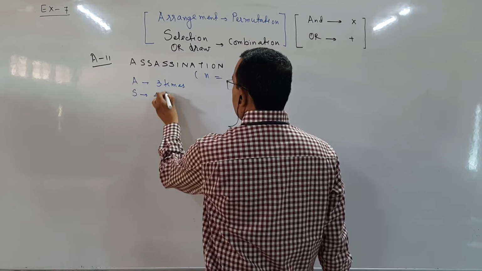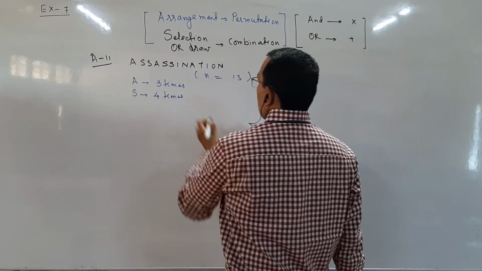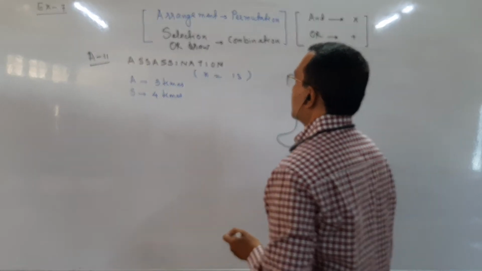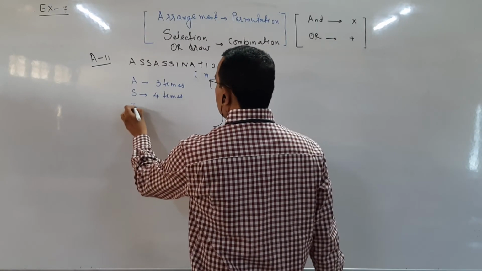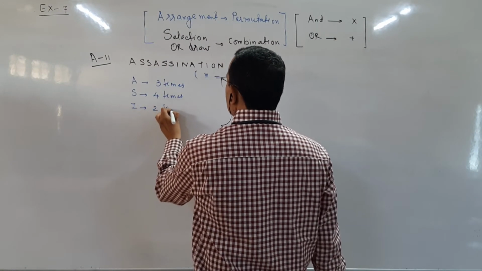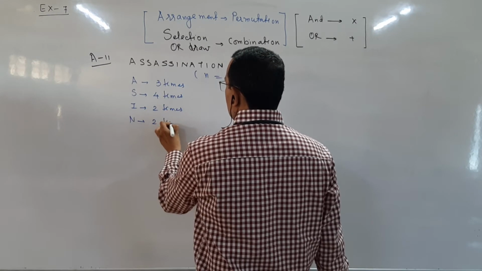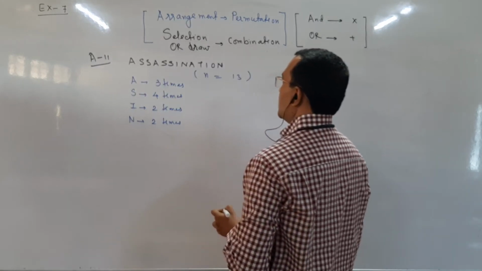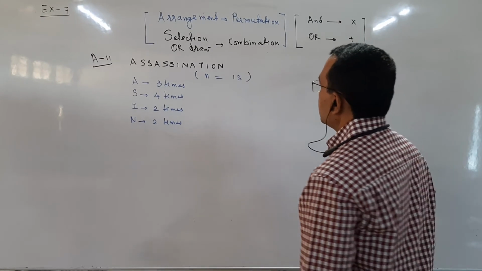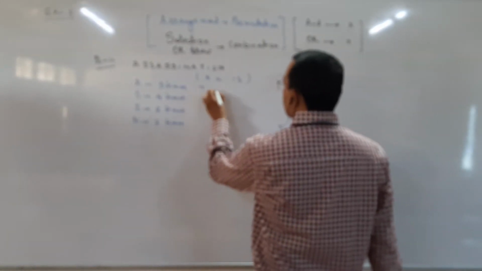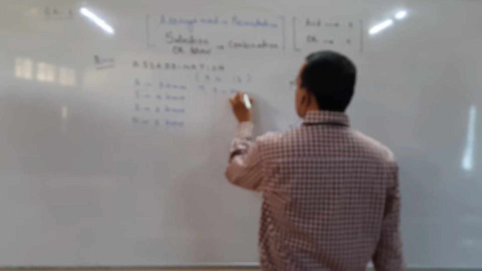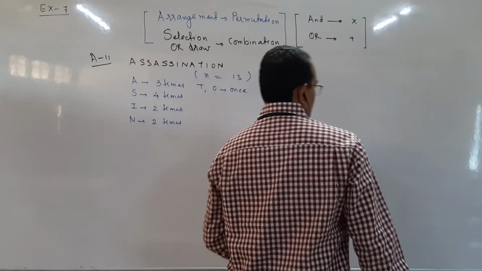S is repeated 4 times. I is repeated 2 times. N is repeated 2 times. So 7 and 4, 11. Then T and O once.